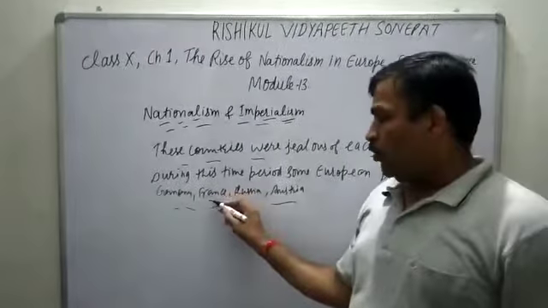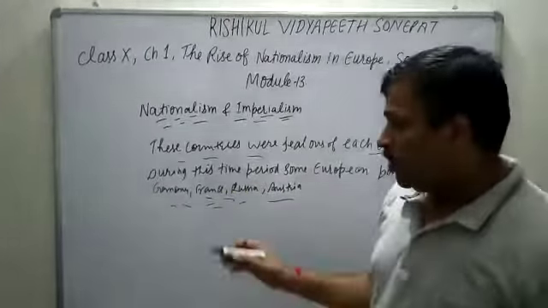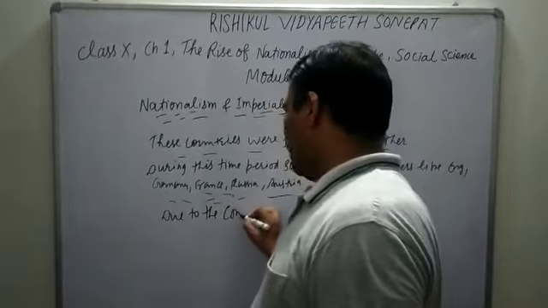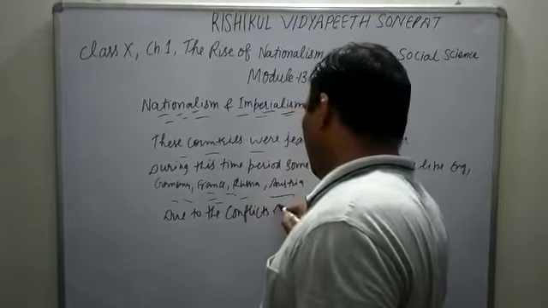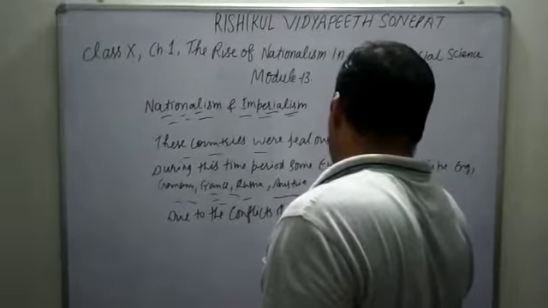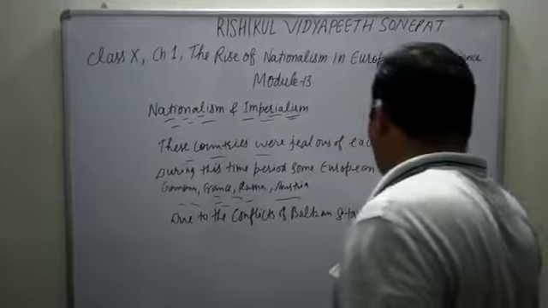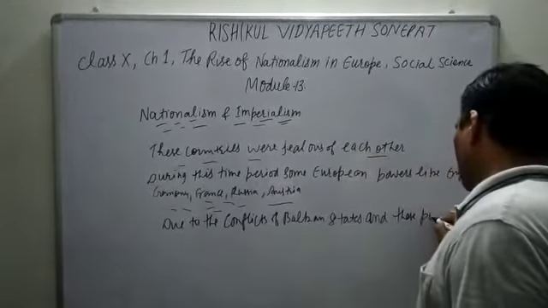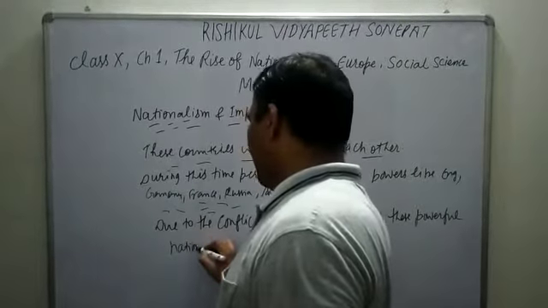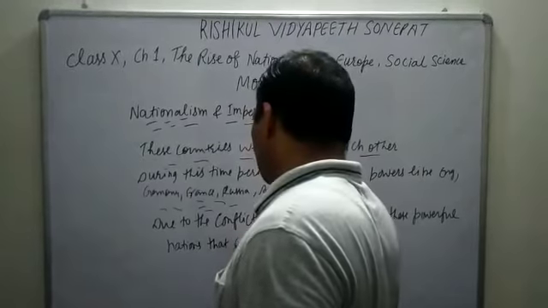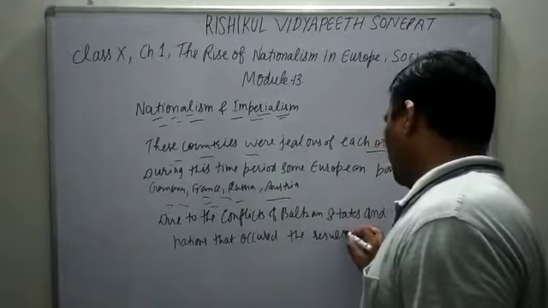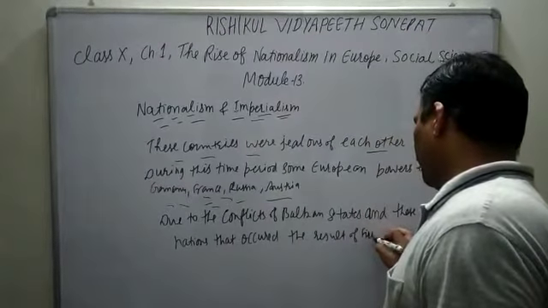Now what happened due to these conflicts? Due to the conflicts between the Balkan states and these powerful nations, the First World War occurred.